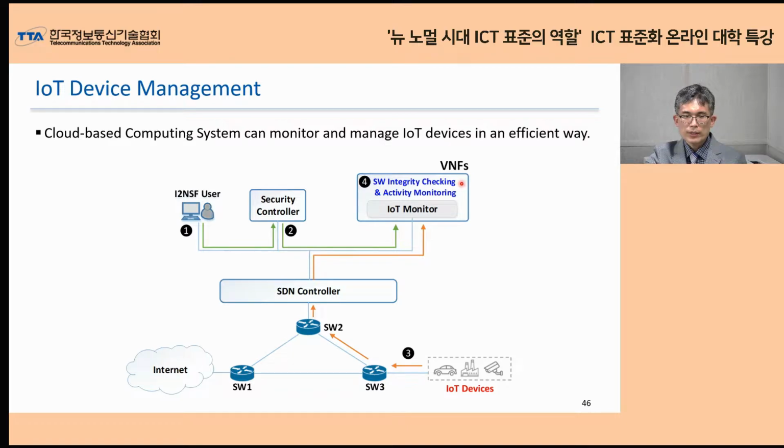Secondly, IoT device management can be done using this kind of cloud-based system. IoT devices' sensing and monitoring data will be delivered to the IoT monitor, and software integrity checking and activity monitoring can be done using this kind of monitoring traffic.